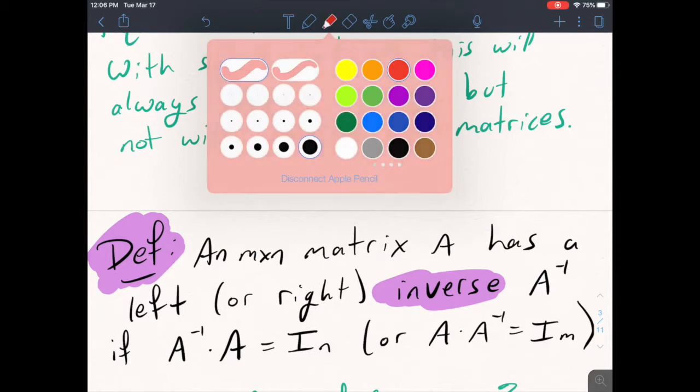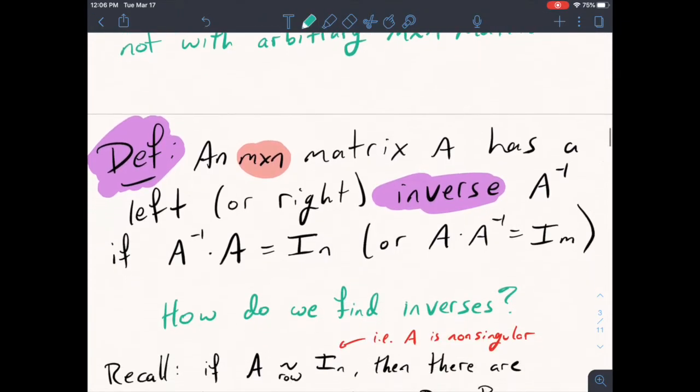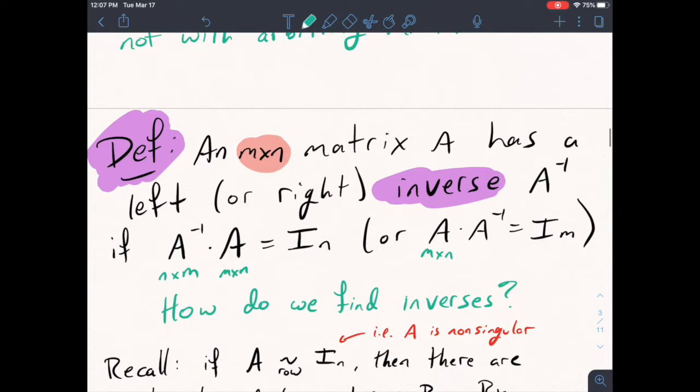Note that this is an m by n matrix A, and therefore if I look at the sizes of A inverse and A, A is going to be an m by n. So A inverse is actually going to be the reverse of that, which would be an n by m. So here again, if I have m by n for A, looking at right inverses, then A inverse would be an n by m as well, and therefore here the size would be m by m.